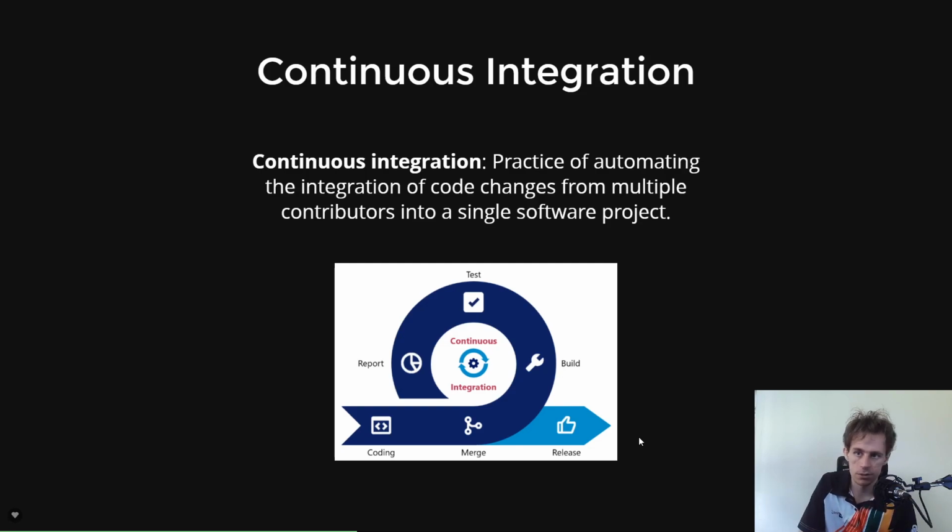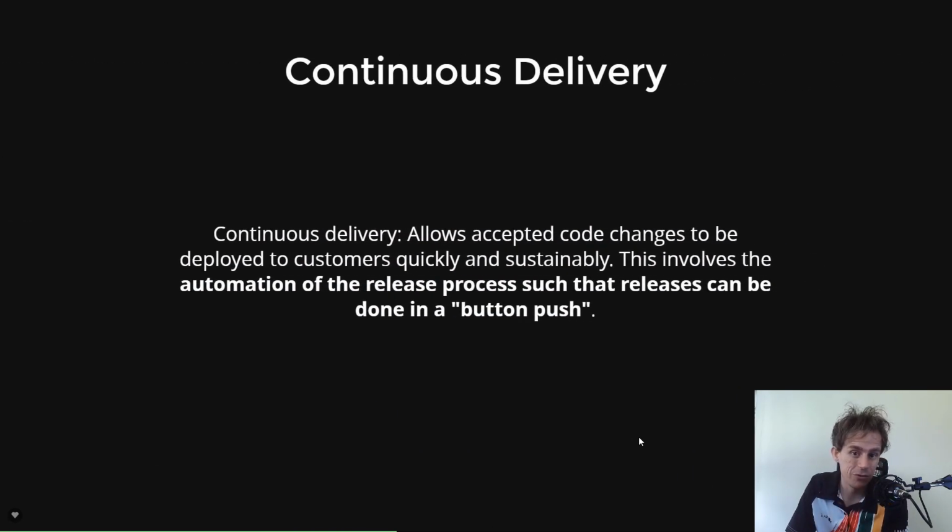Now, we know what continuous integration is. We just talked about it. It's a little circly thing. Continuous delivery, though, which is the automation of deployment, is essentially where you allow accepted code changes that have been correctly integrated as part of continuous integration, and you deploy them to customers, users, whoever, people who want to use your software, quickly and sustainably.